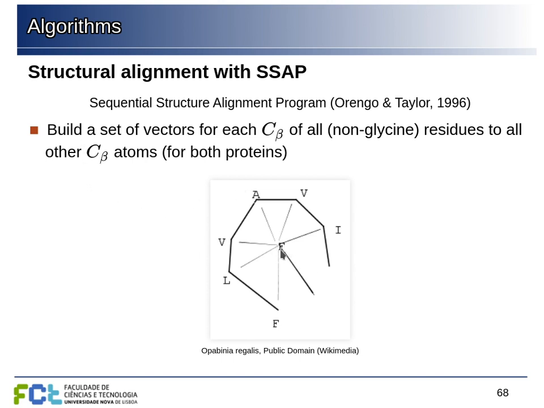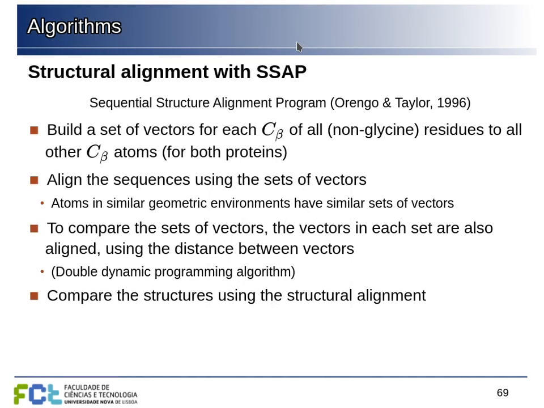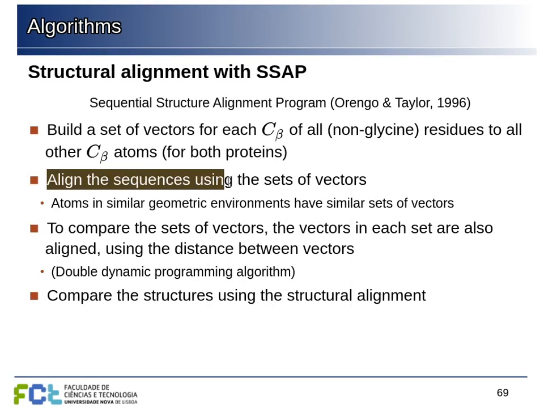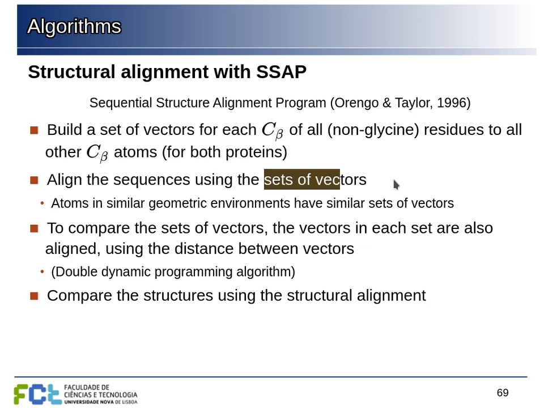For each residue we have a set of vectors that points to the beta carbons of the neighbors in the protein. We can see this three-dimensional star as representing the local structure around each residue. Now we can align both the sequences and these sets of vectors.